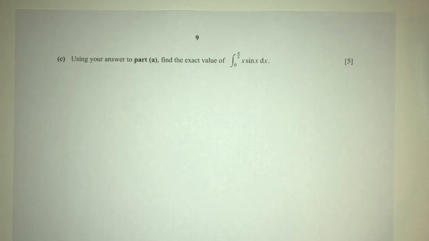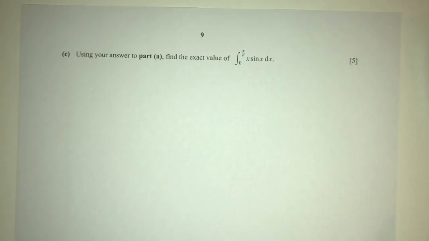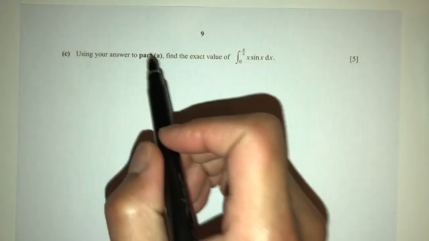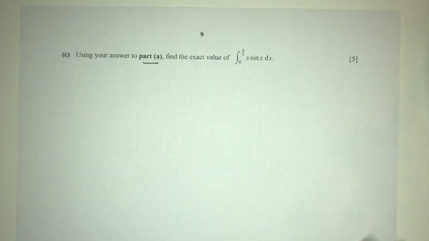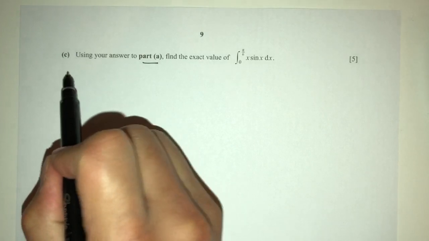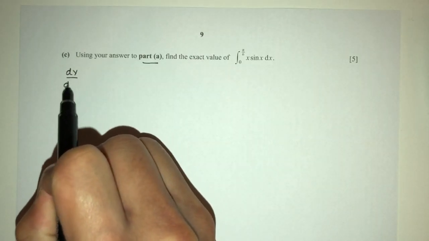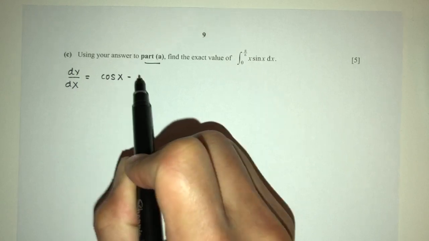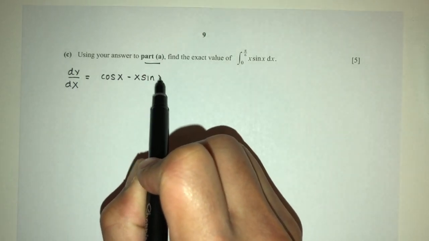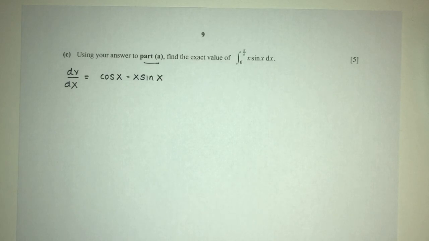Now let's move on to part C of the question. As you can see here, it is asking you to use your answer from part A to find the exact value of this. So pretty easy. What do we know from part A? We know that dy by dx is cos x minus x sin x. Something we know is that integration is the reverse process of differentiation. So what do I mean?